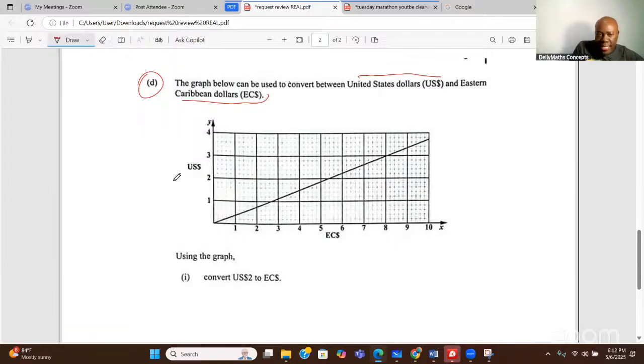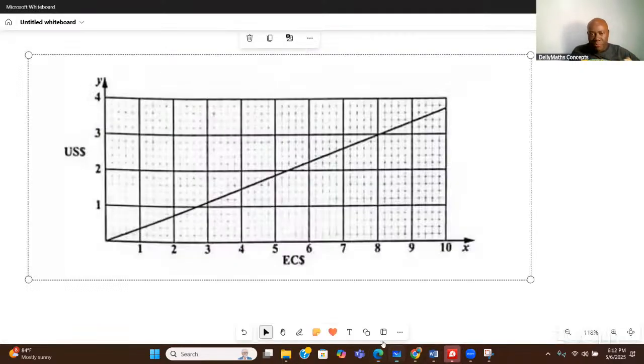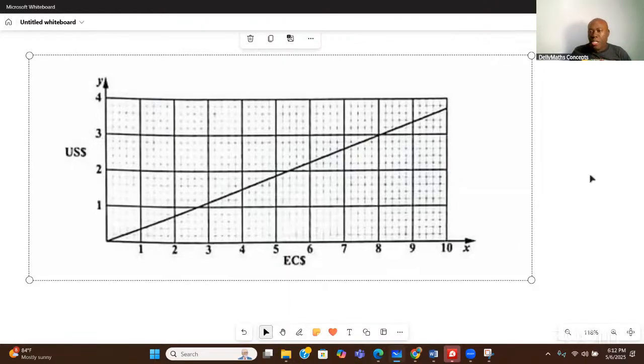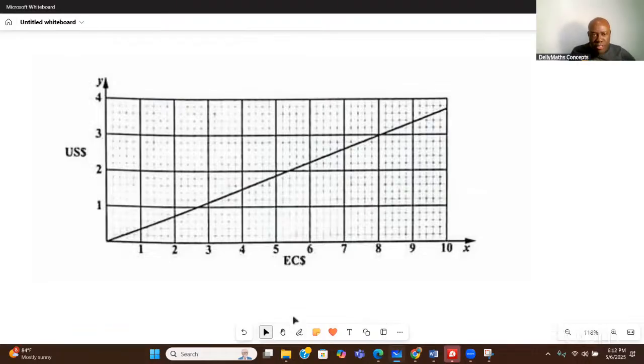So the first question says, use the graph to convert 2 US dollars to EC dollars. So basically, you'll take your ruler, make sure you have a 12-inch ruler for your exam, long enough to draw across. So you're going to identify where that 2 US is. You're definitely seeing that this is our 2 US right here.